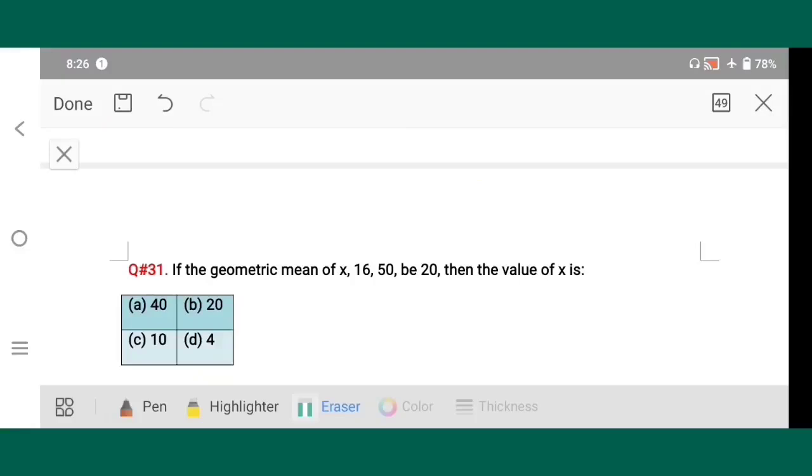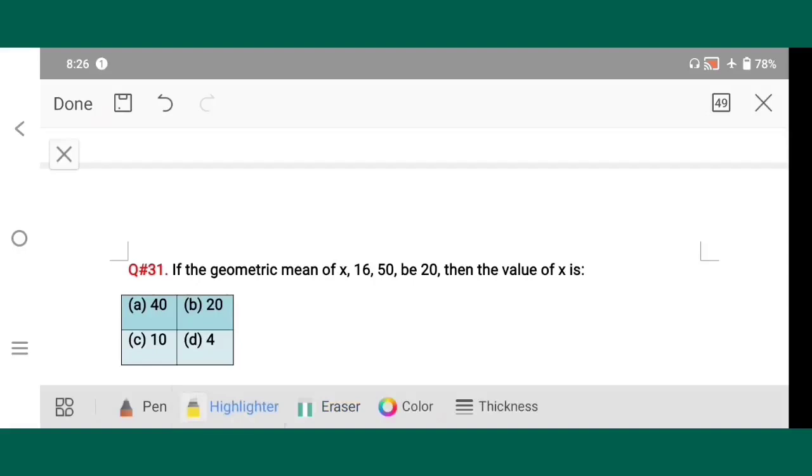Question number 31. If the geometric mean of x, 16, 50 is 20, then the value of x is, the options are 40, 20, 10 and 4. Let's solve it.